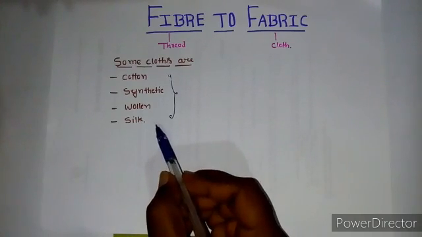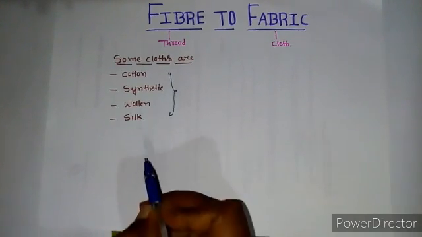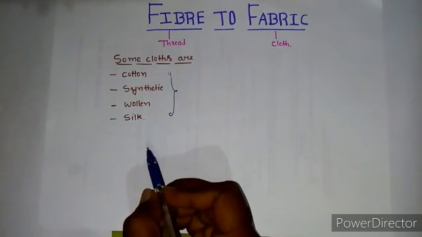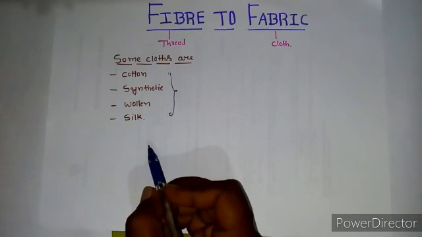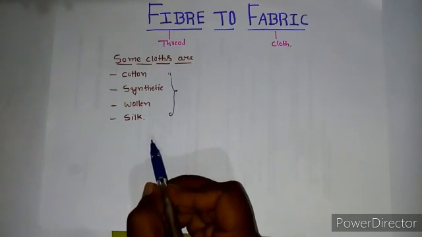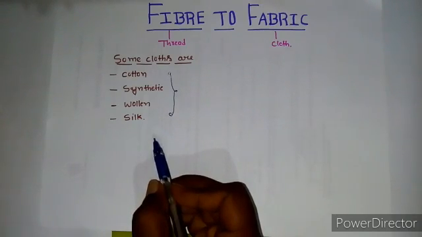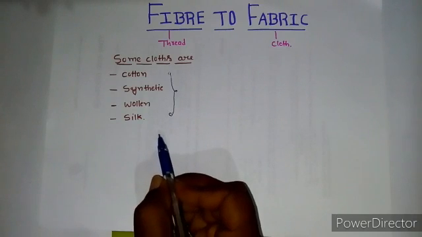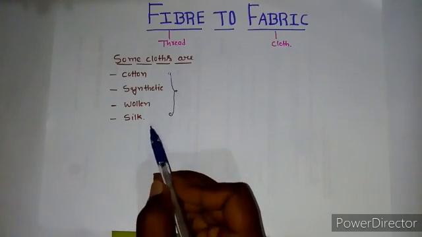Students, after visiting the cloth shop, you began to notice various fabrics or cloths in your surroundings. You may find bed sheets, blankets, curtains, tablecloths, towels, and dusters were made from different kinds of fabrics.